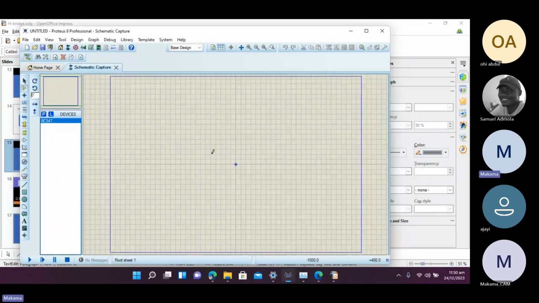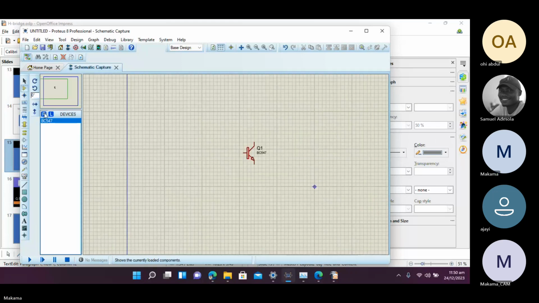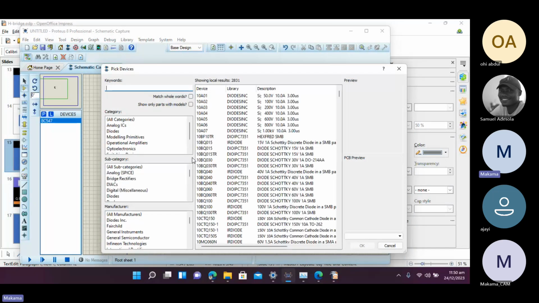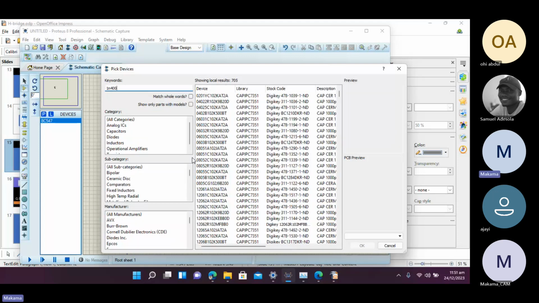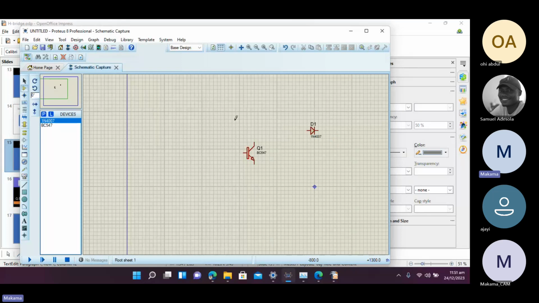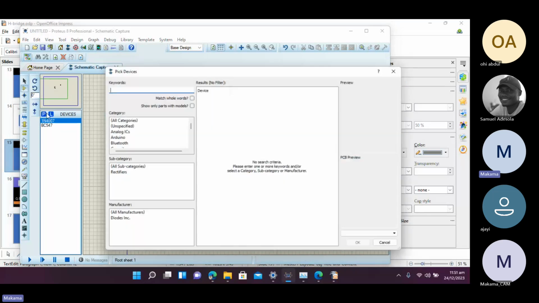It's a bipolar NPN. We're going to need a diode. Let's use the 1N4007. It's also a good diode for practical applications.